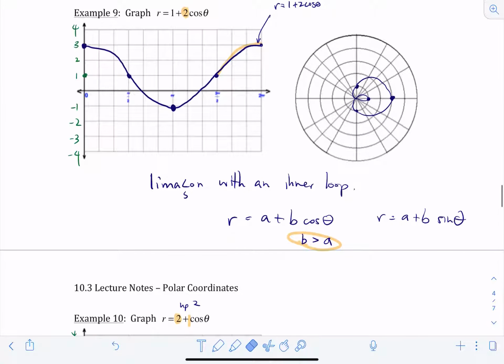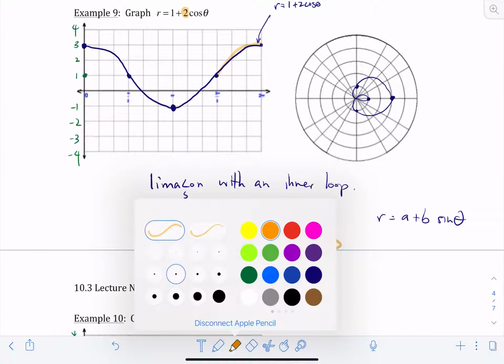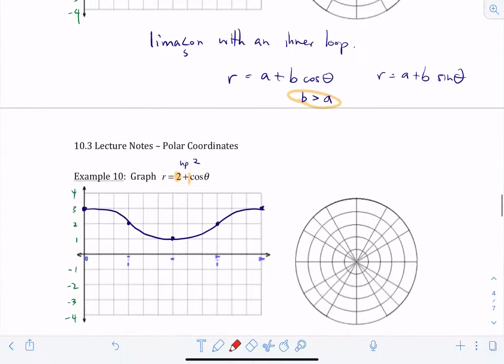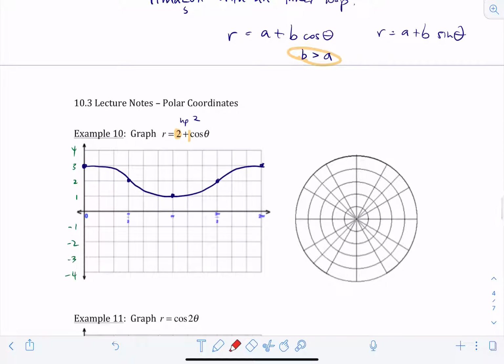That part below the x-axis mapped behind you. But when we look at this graph, we never drop below the horizontal axis. So that means we're never going to go behind, okay? So let's just graph this.